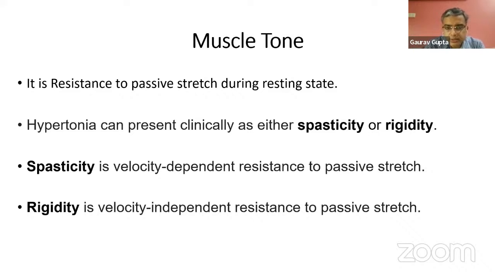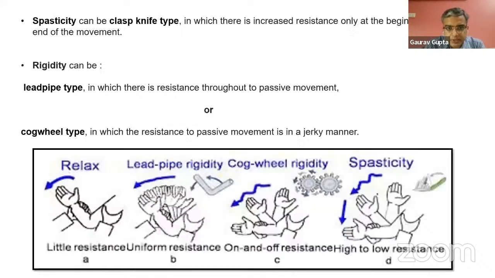Usually in CP we see hypertonia, that is they have increased resistance to passive stretch, and usually hypertonia can present either as spasticity or rigidity. Spasticity is velocity dependent resistance to passive stretch, whereas rigidity is velocity independent resistance to passive stretch. This is our MBBS knowledge, but I wanted to revise this to everyone.